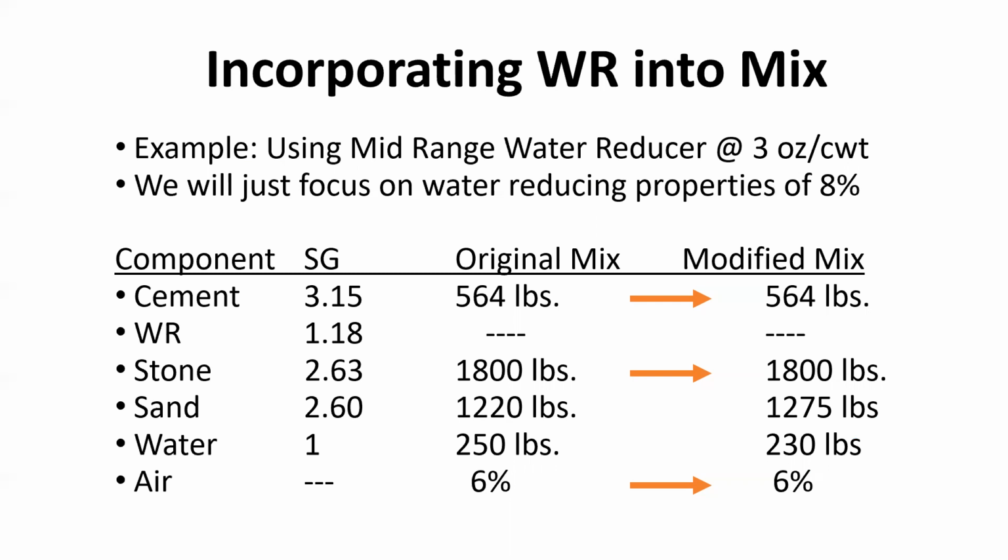So if you look back at this and we say, okay, so what did we do again? Our original ACI 211 mix design here, we modified the amount of water that was in our mix. So 8%, we're able to reduce the amount of water that was in our mix.